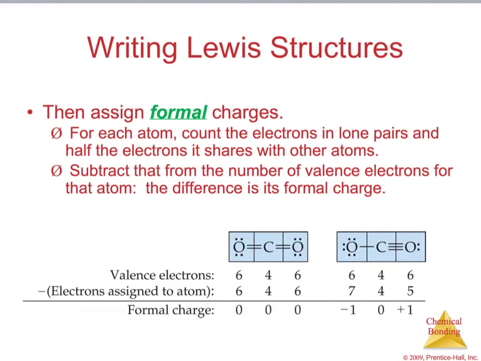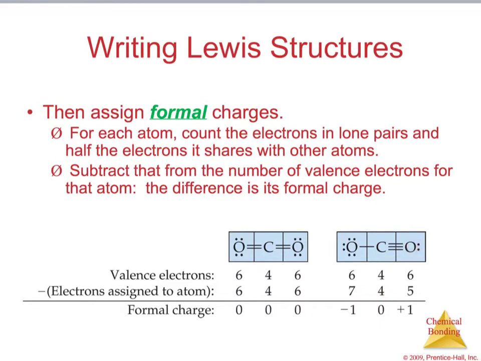However, if we come over here and we look at oxygen, carbon, and a triple bonded oxygen, we'll see that we have 6, 4, and 6 for our valence electrons. But this time, when I look at my oxygen, I have 2, 4, 6 from lone pairs plus 1 electron here, which gives me 7 electrons. Carbon still has 2, 4, 6, 8. Half of that is going to give me 4.